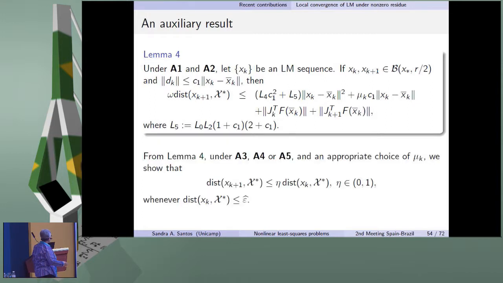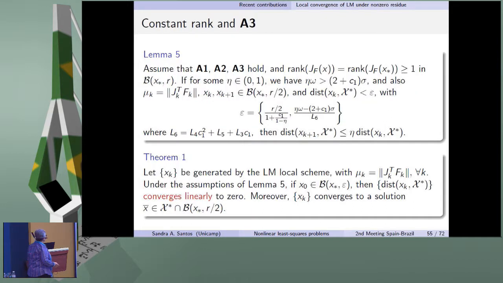And depending on that, from this lemma and under each one of the assumptions, we managed to prove that we are having the necessary contraction for convergence, and then we can discuss the neighborhood in which we have convergence quadratic, superlinear, or linear, depending on the case.